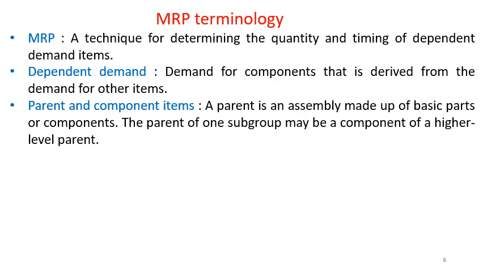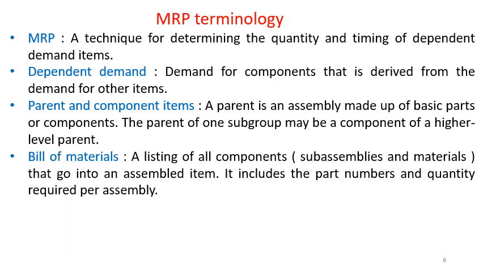A fully assembled product becomes a parent, and all the components which go into that final assembled product will be the subcomponents or components. So the final product which you are now analyzing could be a component of some other, totally higher level parent, correct? Each one is a component of some other higher level parent.